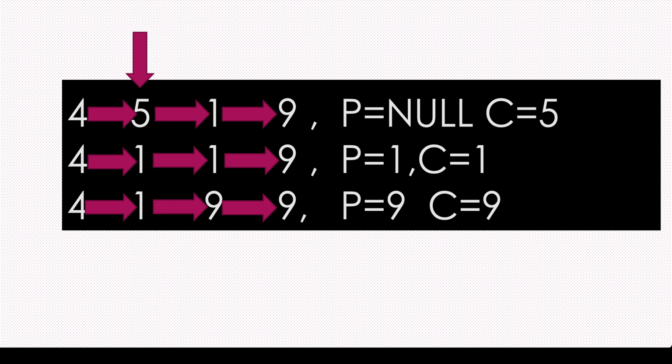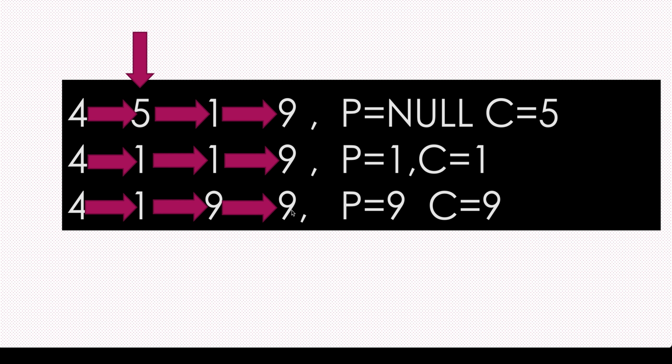Now we have replaced all the values. You can see at the end there are two 9s. The previous is pointing to this 9, which is not the last one. So now previous dot next will become null.